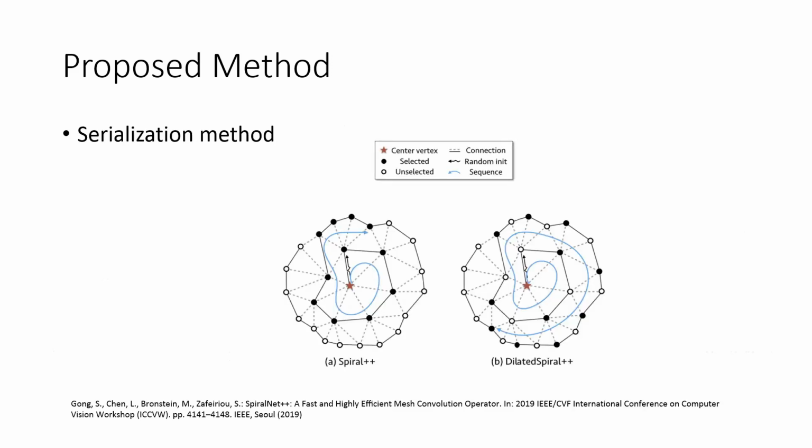To perform the spiral convolution, the vertices of the mesh are first serialized into a fixed length vector on which the spiral convolution operates, thus eliminating the need for message passing and performing convolution in a similar fashion to that used in the structured Euclidean domain.